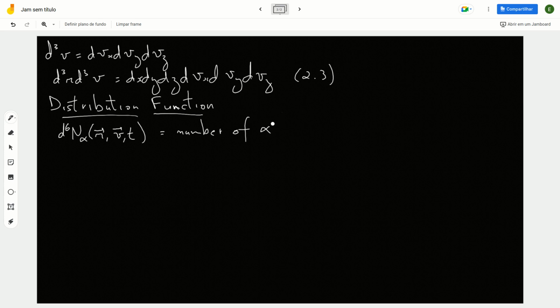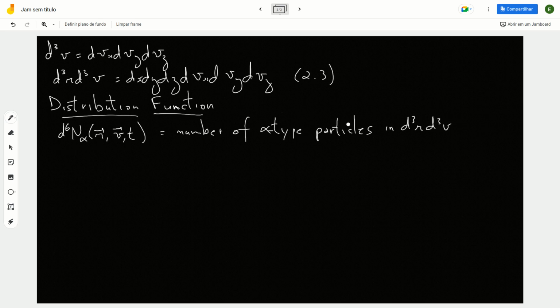We have all sorts of ions and electrons and neutrals, so number of alpha type particles in a volume d3r d3v, at position r and v and instant t.